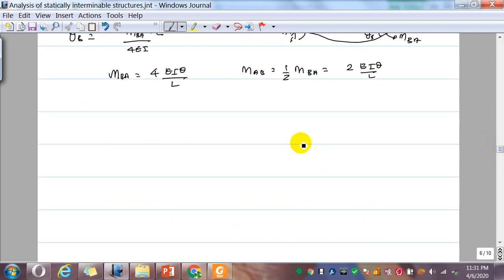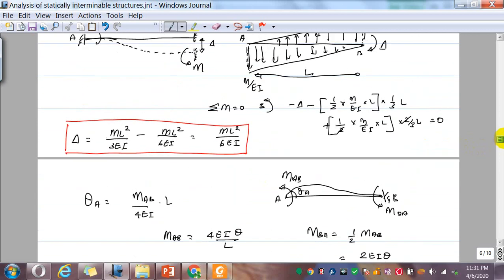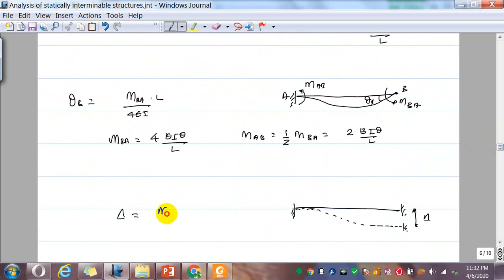And if I consider both ends fixed and a settlement, then delta is equal to ML squared over 6EI.